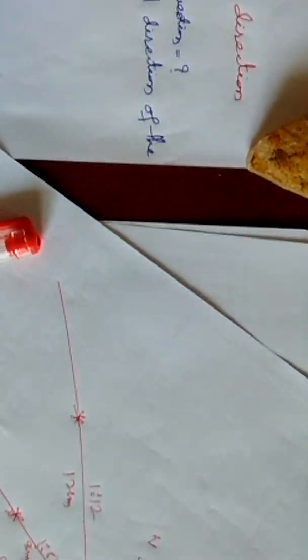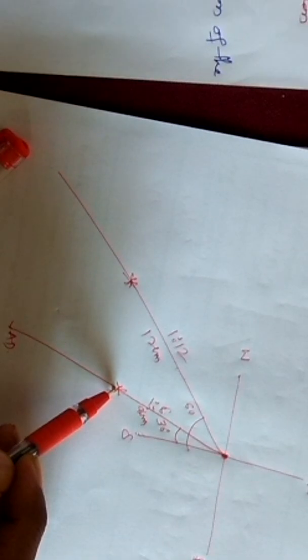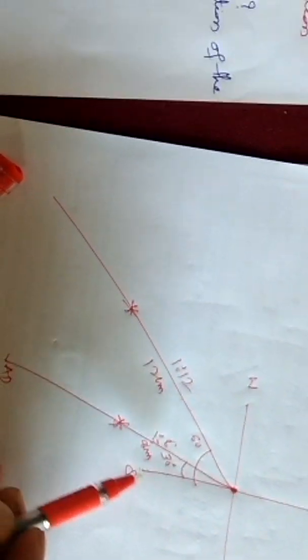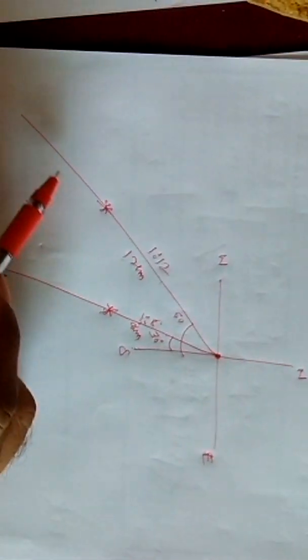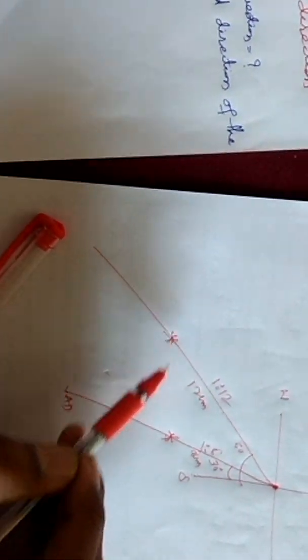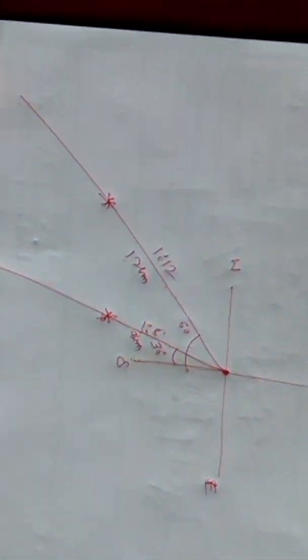You make another point here. This is 8 centimeter from the center on the south 30° west direction, and the other is 12 centimeter taken towards the direction of 60° southwest. Two points you have to take.